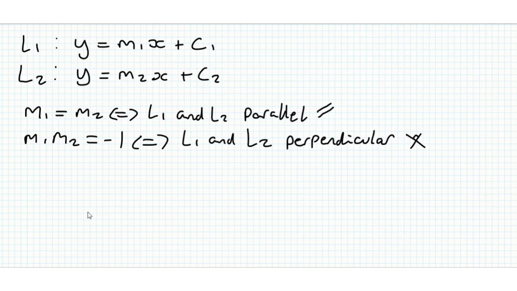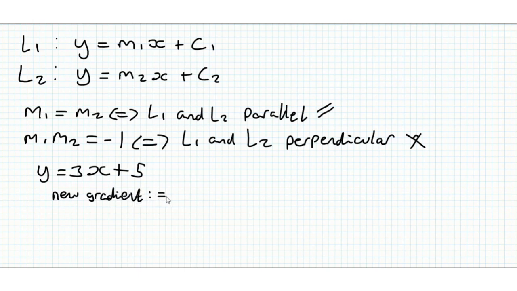So now we're going to define a line y is equal to 3x plus 5, and I want to find the set of all lines which are perpendicular to this line. So we're going to call the new gradient m, and we know from this formula here that 3, which is m1, times m, which is m2, so 3m is equal to minus 1.